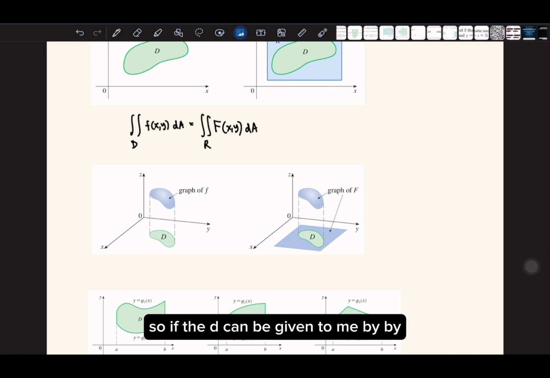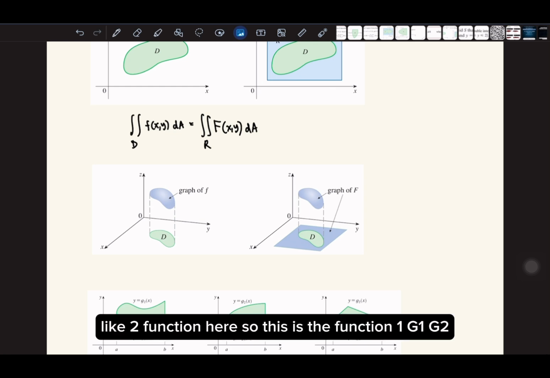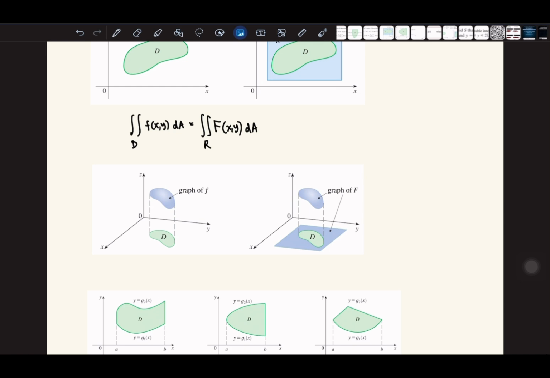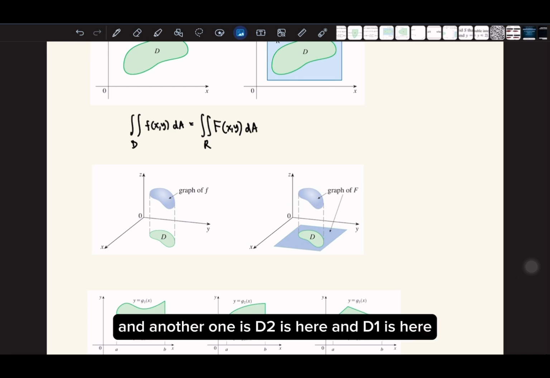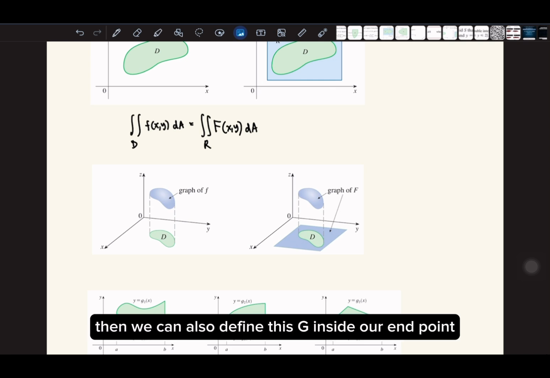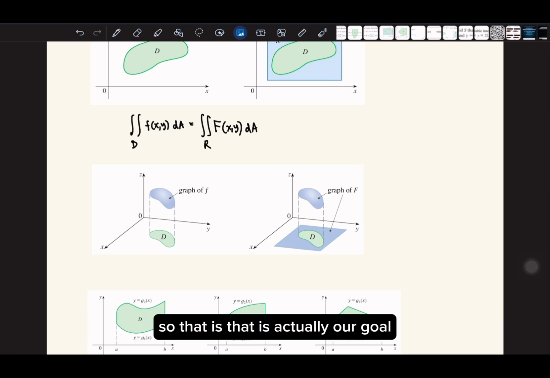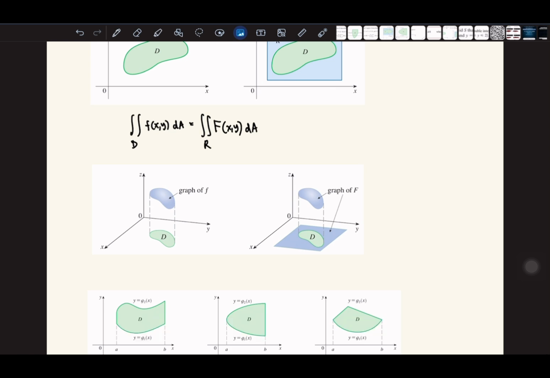So if the D can be determined by two functions here, g1 and g2, let's say this is g1 over there and g2 is here, and in another case g2 is here and g1 is here. So as long as we can define g1 and g2, then we can also define this inside our endpoints. So that is actually our goal.